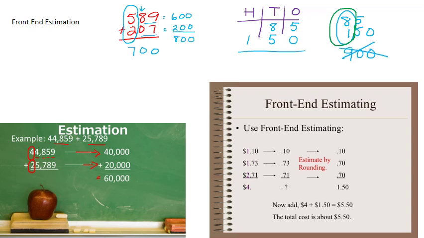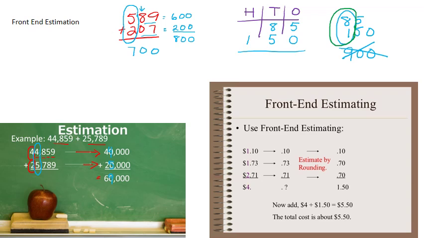However, to make it a little bit more accurate, you can go back to your original numbers and front end round again, except this time, let's use the thousands. So that would be 4,000, and that would be 5,000, giving us a 9 here. So we're getting a little bit more accurate, aren't we? 69,000 as opposed to 60,000. You can also round up.